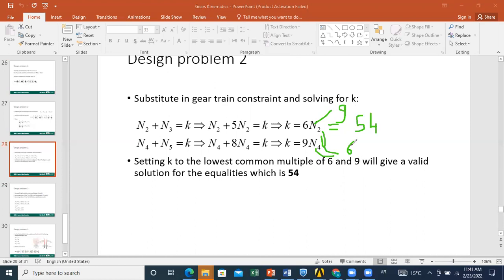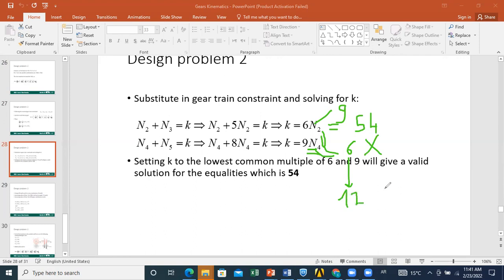So this is why we should move on. You always check the smallest number. Here the smallest number will be for n4. So always check the smallest pinion. The first possibility will give you n4 equals 6. It's not acceptable. Check now another possibility. If you multiply by 2, you get 12.